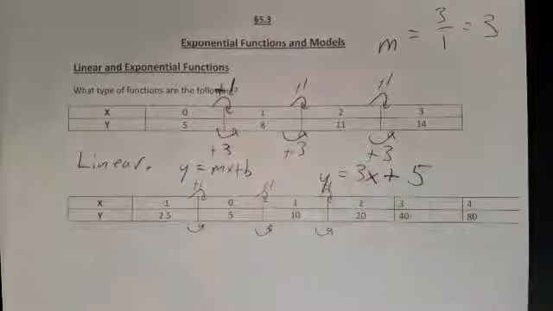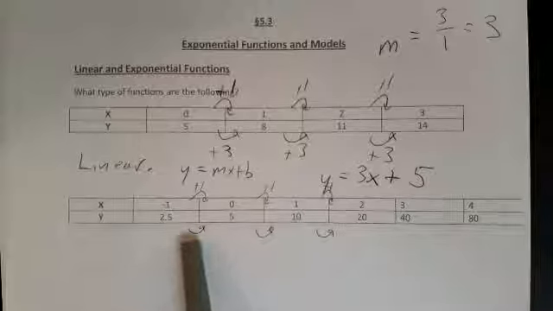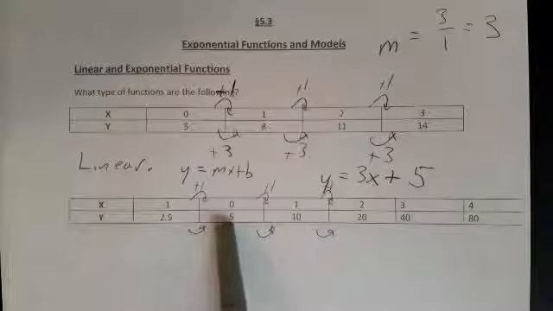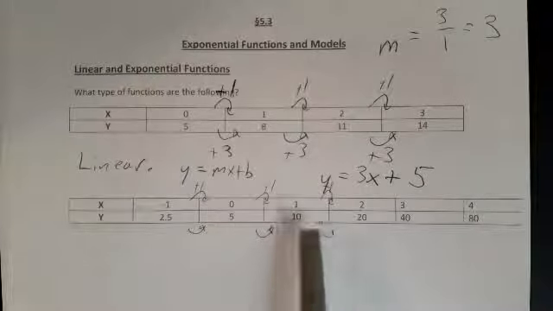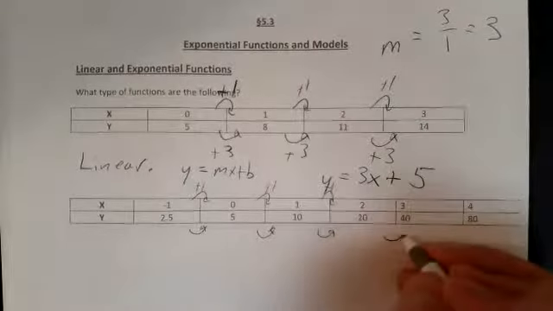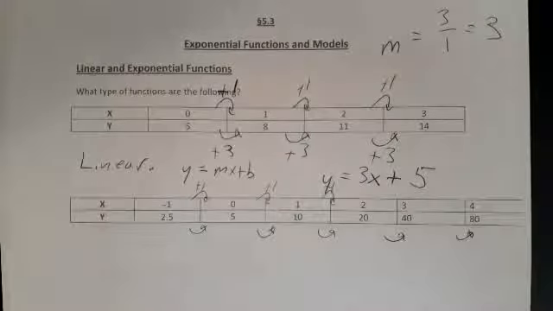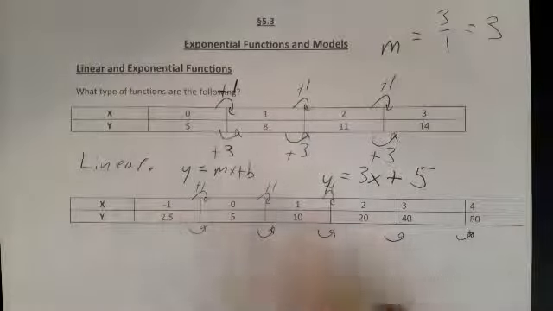But if we look here, if we tried to add a number, well, here would be adding 2.5 to get to 5. Here would be adding 5 to get to 10. So you could say that like plus 2.5, plus 5, plus 10, plus 20, right? We could do that, but it's not going to be a constant amount if we do that. You might notice that you're doubling it.